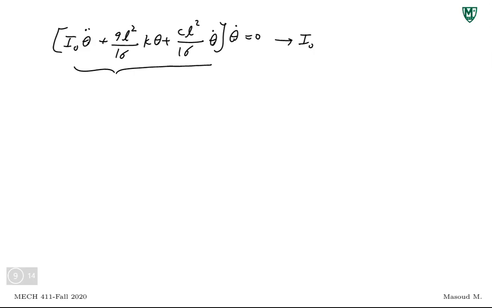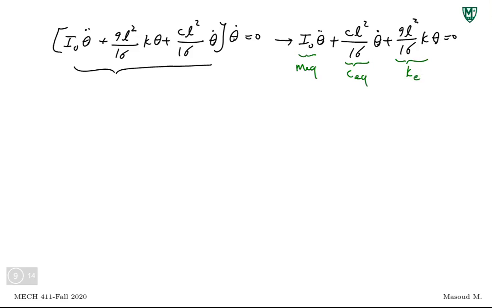We care about the first part: I_O theta double dot plus C L squared over 16 theta dot plus 9L squared over 16 K theta is equal to 0. Now this becomes your equivalent of mass, this becomes your equivalent of damping, and this becomes your equivalent of stiffness. And the whole thing is the equation of motion. That's it.